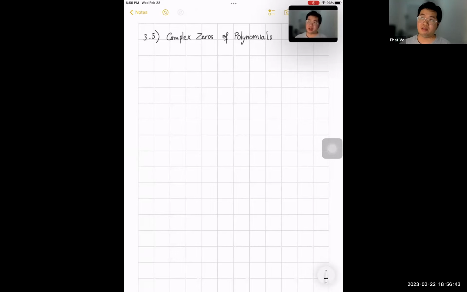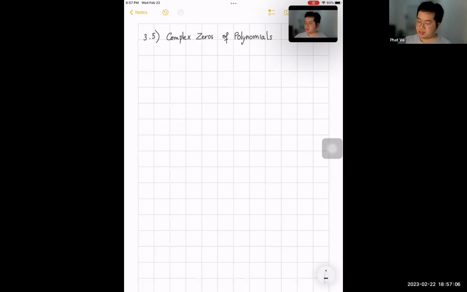We know how to solve the quadratic equation by using the formula, right? But in the case the discriminant is less than 0, we don't have a real solution, but we have complex solutions. So the question is, how do we find the complex solutions?